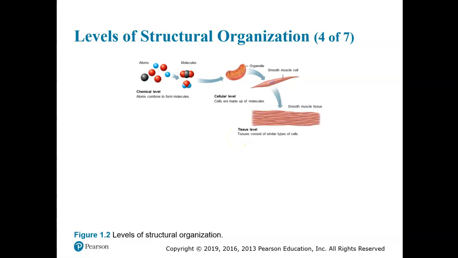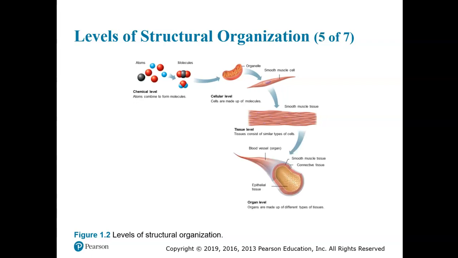Then we have smooth muscle tissue, and we find smooth muscle tissue lining our blood vessels, lining our digestive tract. And here you have a blood vessel, which is composed of smooth muscle tissue on the outside and inside lining, connective tissue, and even epithelial tissue.